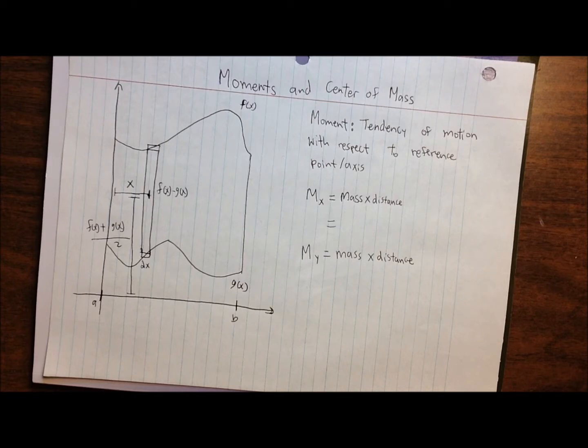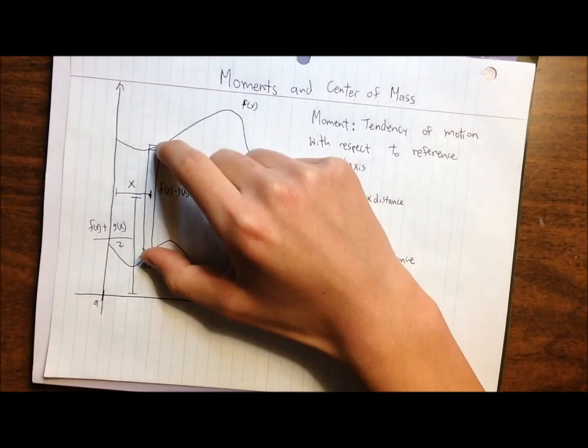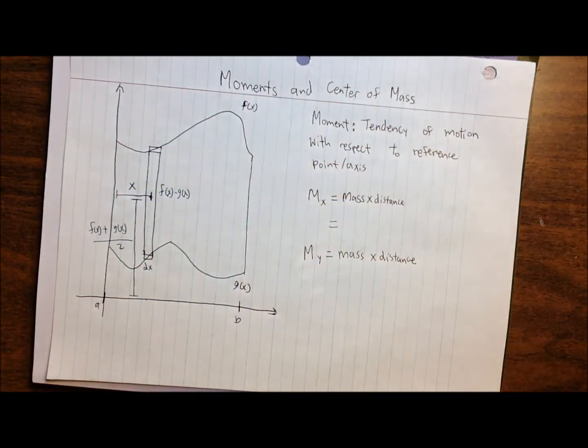In earlier examples, we used point masses, and we took that mass and multiplied it by the distance from the mass to the reference axis or point, and that was how we found our moment. The same goes for laminas. Let's take a look at this small strip of this lamina.